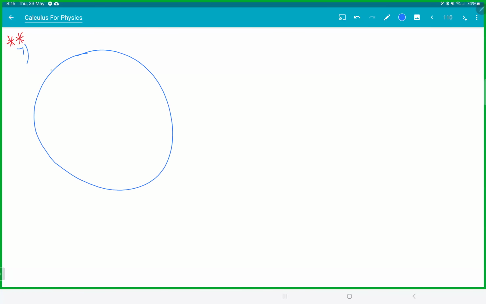So we have a sphere. So this part of the sphere, you painted it.